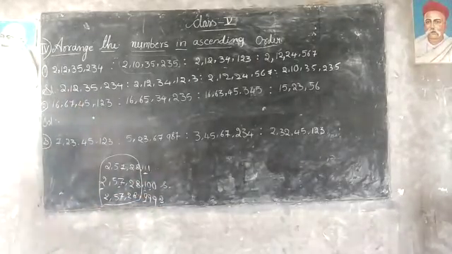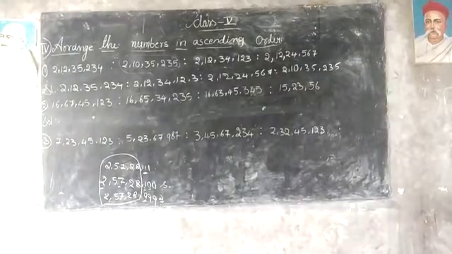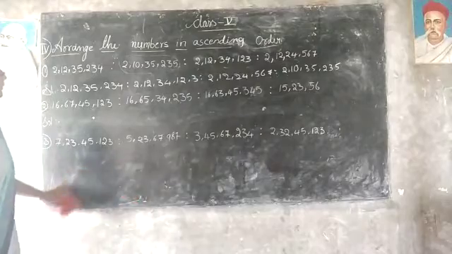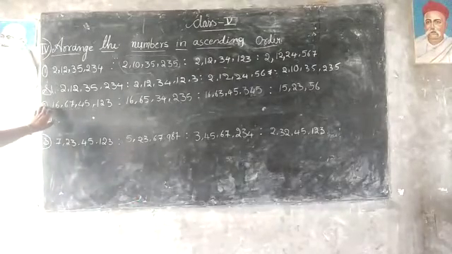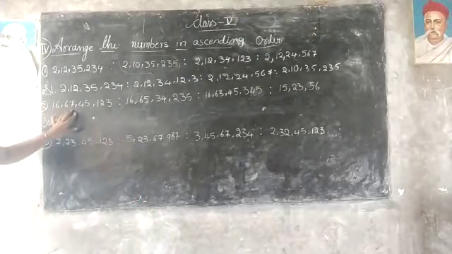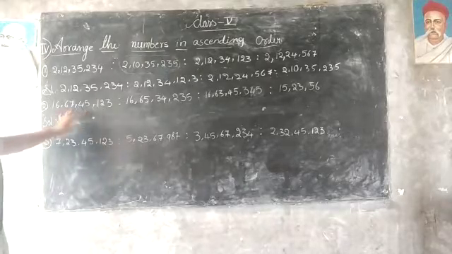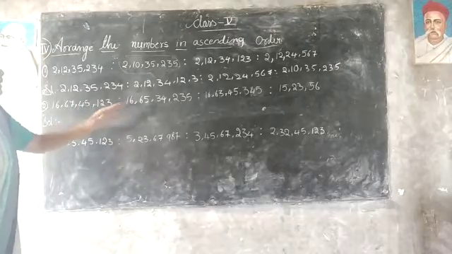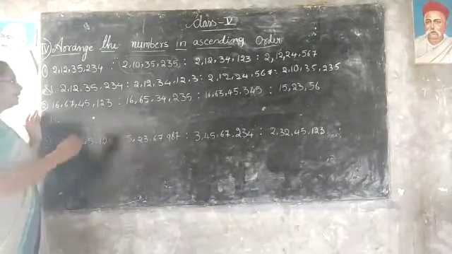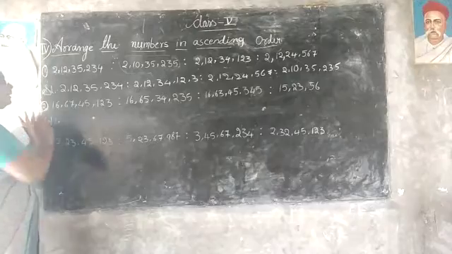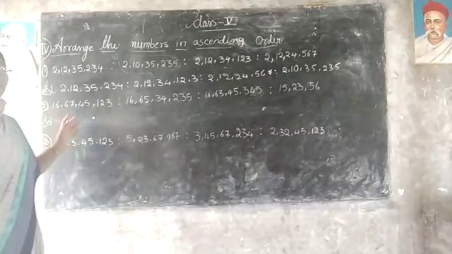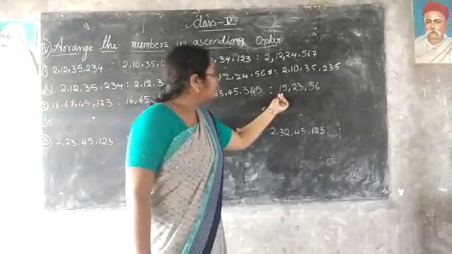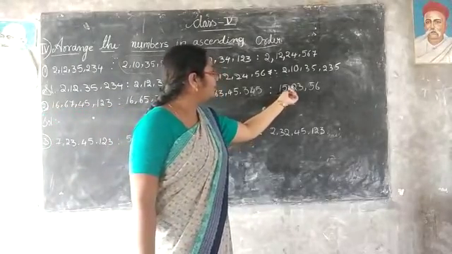At the same time, we can write the second one: 16 crores 67 lakhs 45,123. In this second one, only one number starts from thousands. What is this number? 15,000.